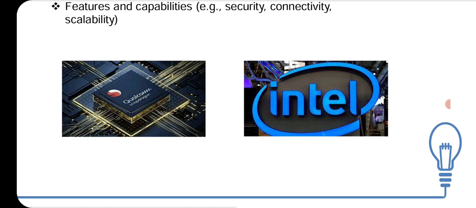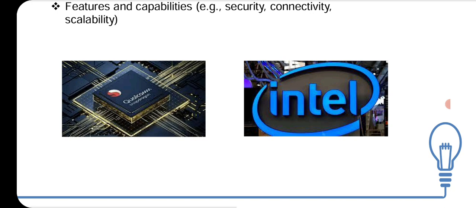Texas Instruments MSP430 is a low power 16-bit microcontroller that is mainly designed for battery powered applications. Next is Raspberry Pi, a single board computer that is used for IoT applications. And the last one is Arduino, an open source hardware platform that is used for building IoT devices.